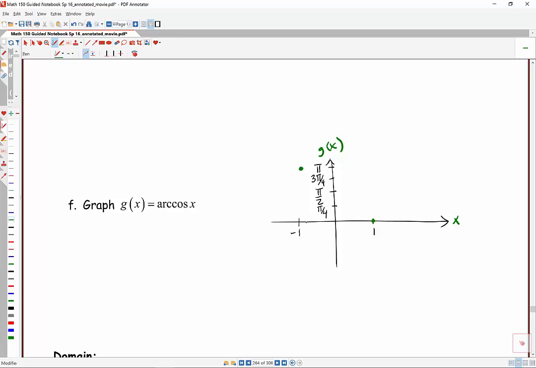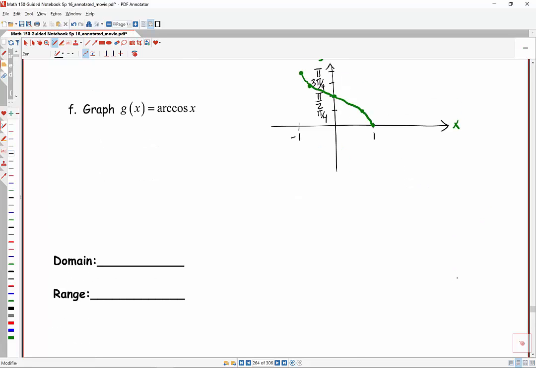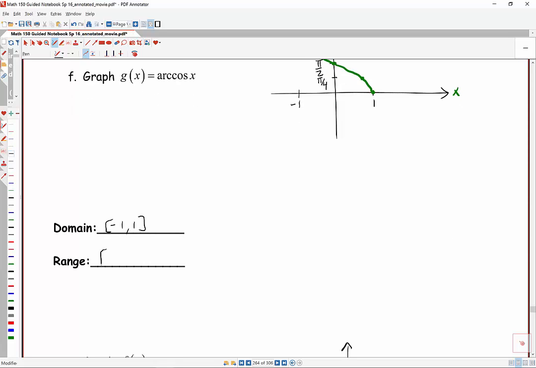So on this guy it'll be negative 0.7, 3 pi over 4. And then we'll have an ordered pair here, and we'll have an ordered pair about here. So again, we've got a really subtle curve going. Okay, and that's our inverse graph. So the domain is going to be from negative 1 to 1 inclusive. The range goes from 0 to pi inclusive.